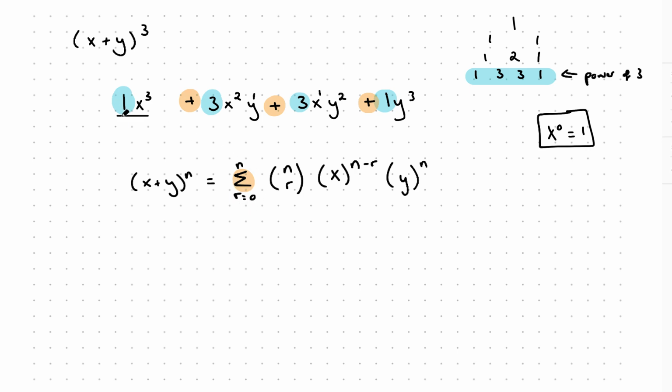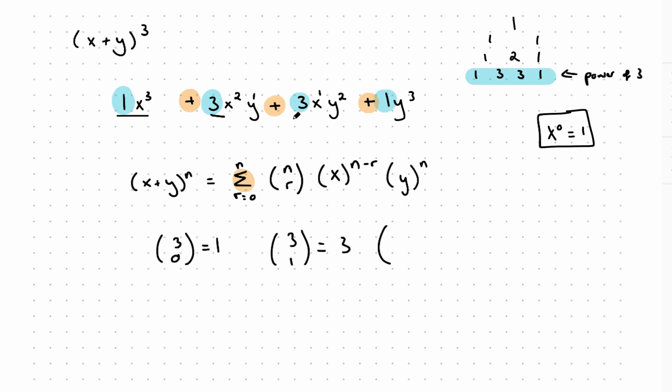If you put into your calculator 3 choose 0, it will give you 1. The next one that I do would be 3 choose 1, because I keep going from 0, to the next one, which is 1, all the way up to N. So there's the first one, 1. The next one would be 3 choose 1, which gives me 3.